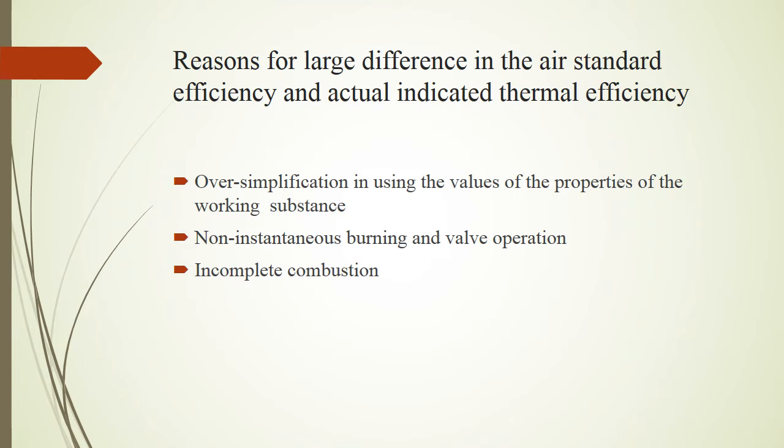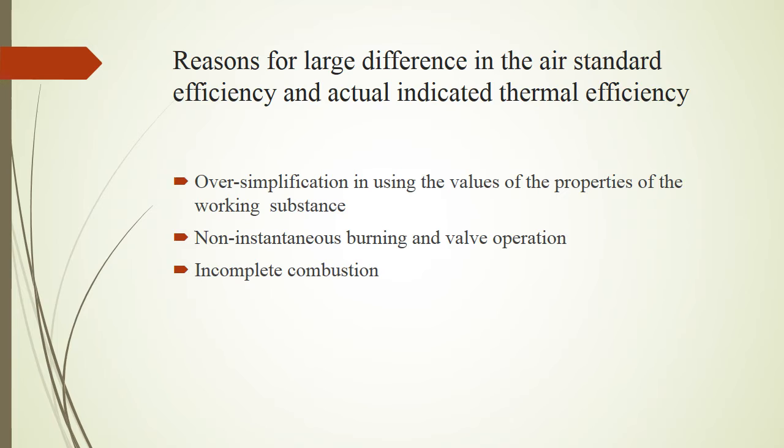So we have discussed the assumptions that were made for the determination of performance parameters, that is air standard efficiency or mean effective pressure or anything else for the engine cycle, and the value that we obtained was varying a lot from what we obtained for the actual engine.